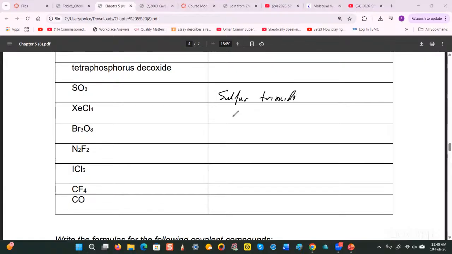Next one. XeCl4. Xenon tetrachloride is indeed correct. All right, very good. Next one, Br3O8.